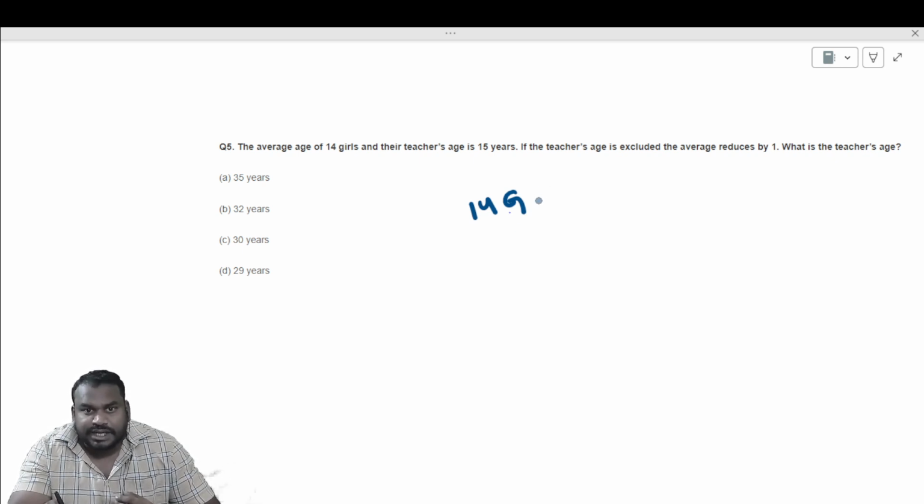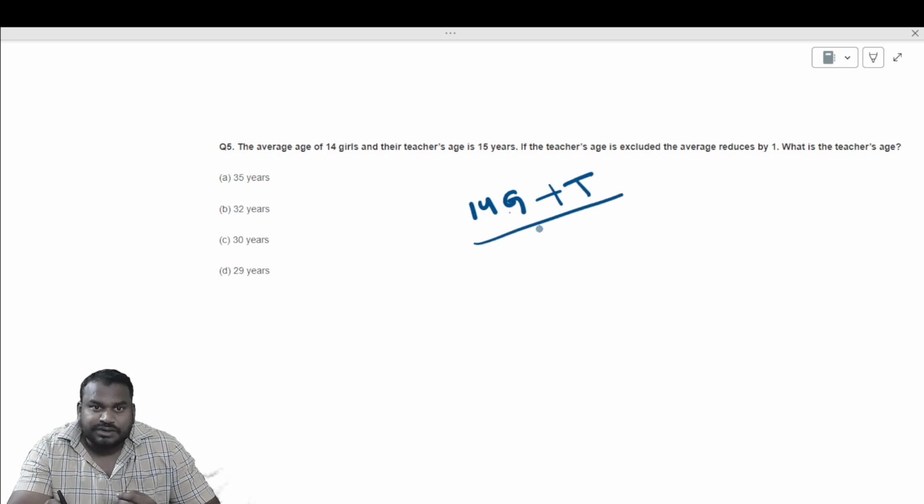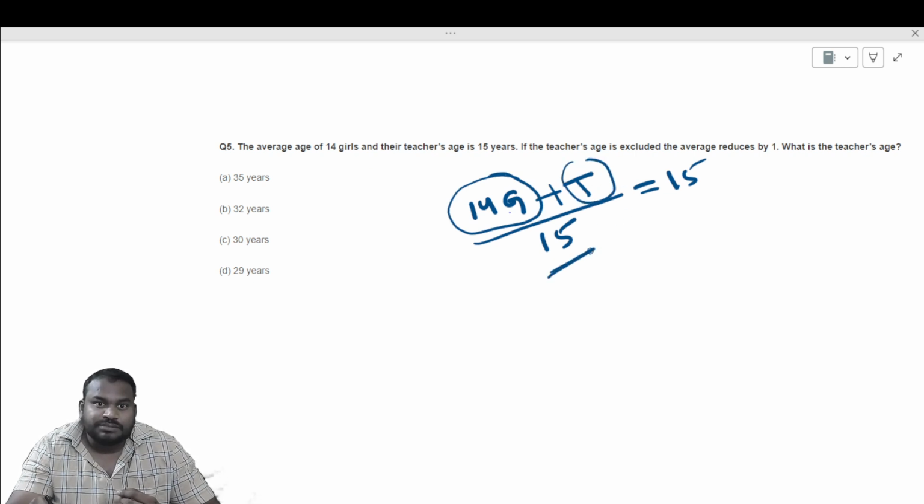The 14 girls' ages and their teacher's age, divided by 15, is equal to 15. Average age means all the 14 girls' age is 14G, and the teacher's age is T, I'm assuming, divided by the total number of 15, because 14 girls plus 1 teacher. So this is equal to 15, as given for the average age.